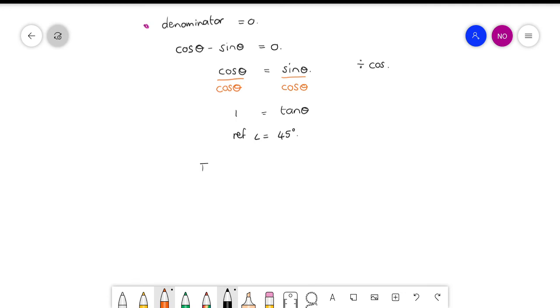Tan is positive in 1 and 3. So here we're going to have theta is equal to 45 plus k times 180. And here we're going to have, yeah man.